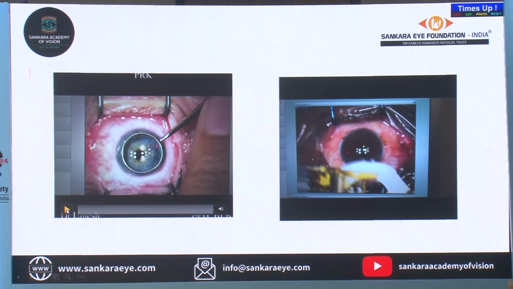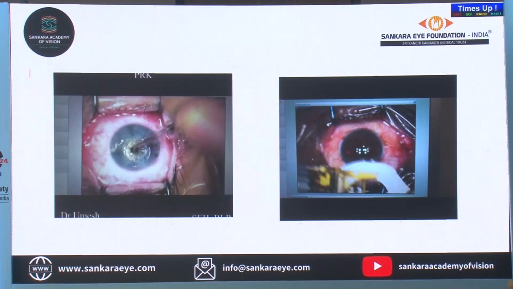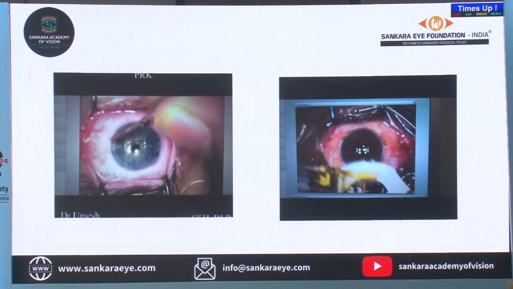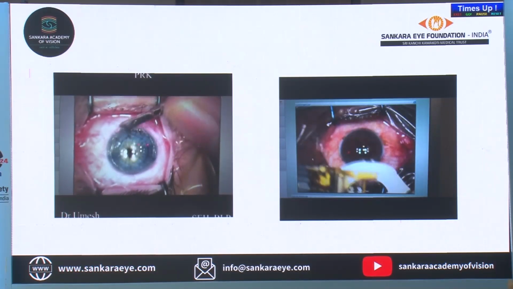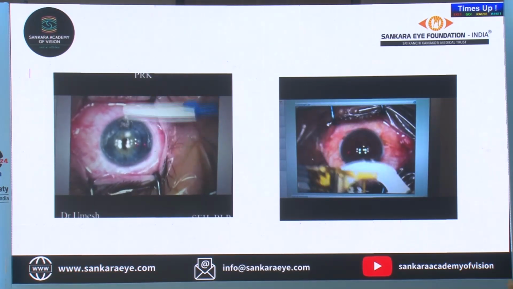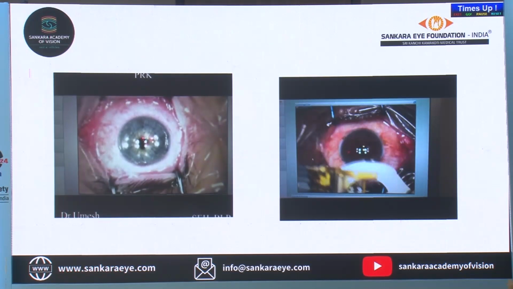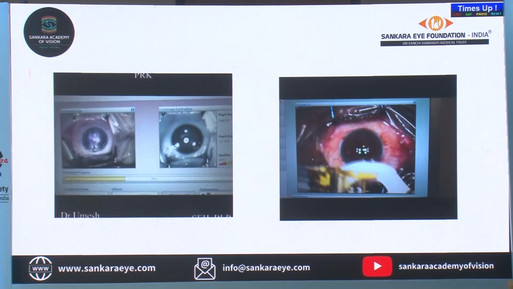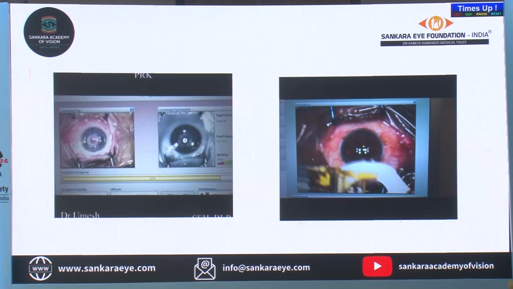This is a case of slightly undercorrect, maybe if you're correcting -4, in this case it was -3, I corrected 2.75, patient very happy, you could go ahead and do.